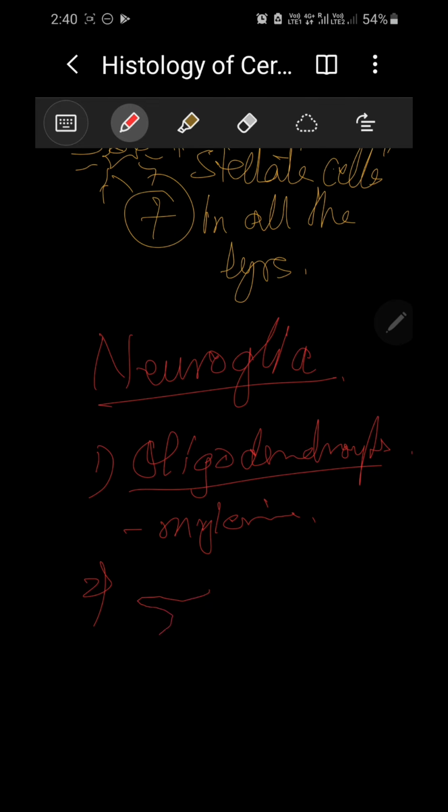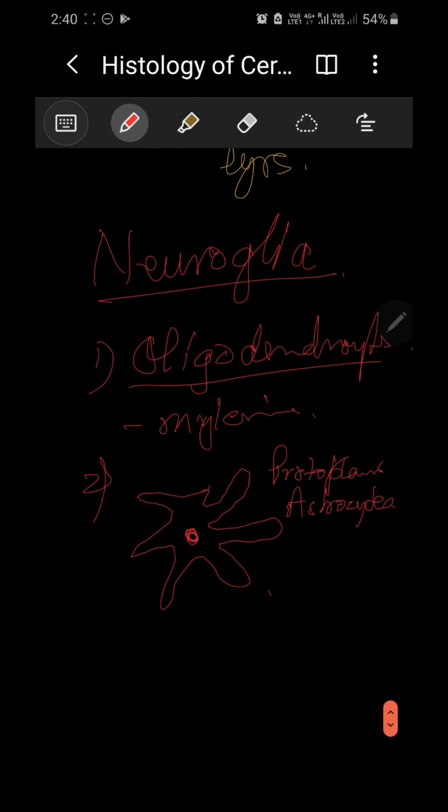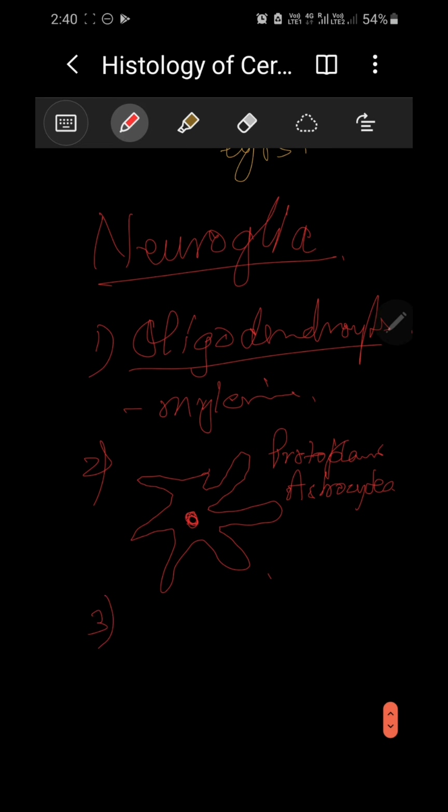The other cells you will find here are these type of cells. They have protoplasmic extensions, offshoots, and these cells are called protoplasmic astrocytes. And the third type will be amoeboidal type of cells.